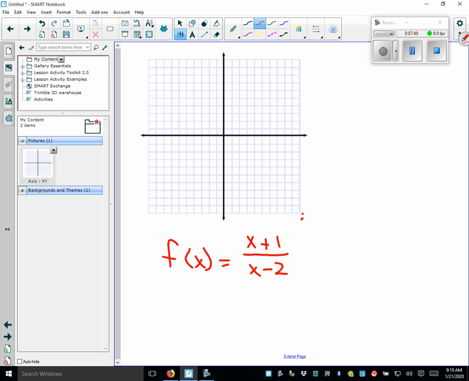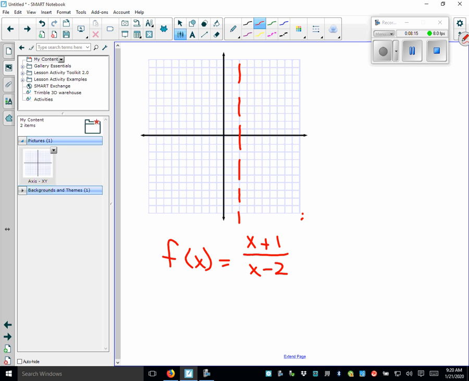Where is my vertical asymptote? X equals 2. Yes. So right here. Where is my horizontal asymptote? Y equals 1.